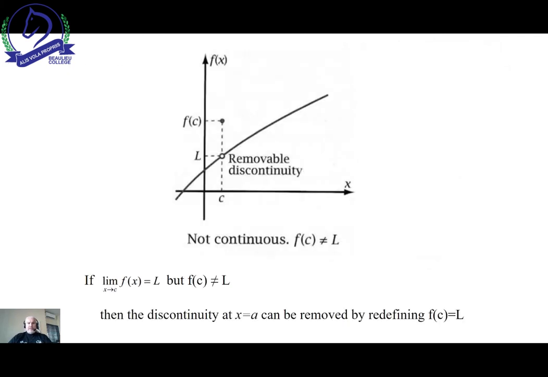Another type of discontinuity that is removable as well is the case where the limit from the left and from the right are equal. In other words, the limit of the function does exist, but the function at the point has a totally different value. Again, we can remove this discontinuity and conclude that the function, because it has a limit, can be redefined as continuous at that point.